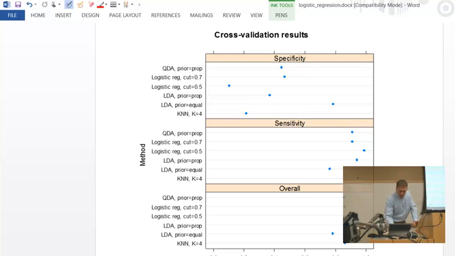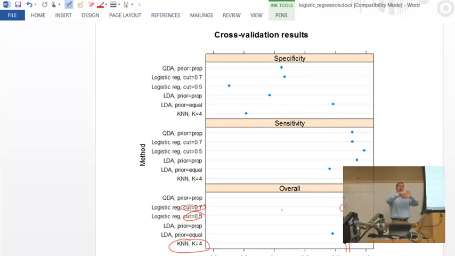So for example, with a cutoff probability of 0.7, here's my accuracy right here. It's about 0.86 or so. When I use a cutoff probability of 0.5, I get a little bit more in my overall accuracy. With K nearest neighbor, if I use K equal 4, I get an overall accuracy of about 0.85 as well.